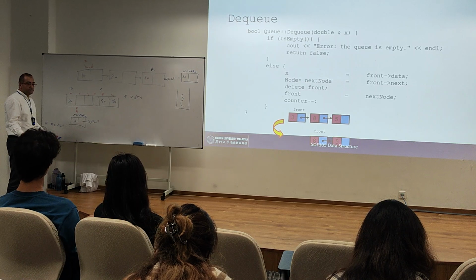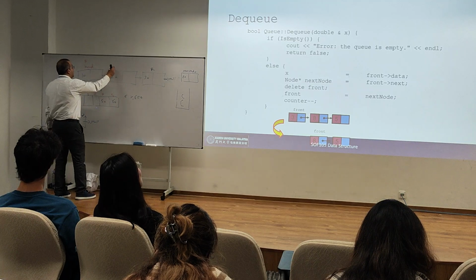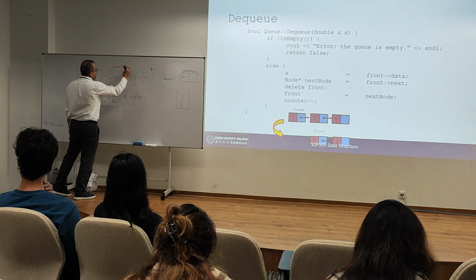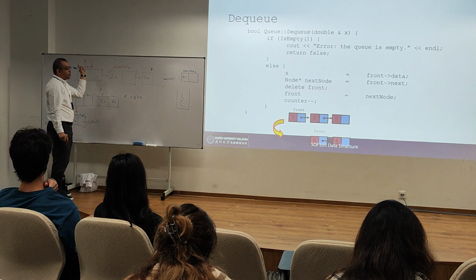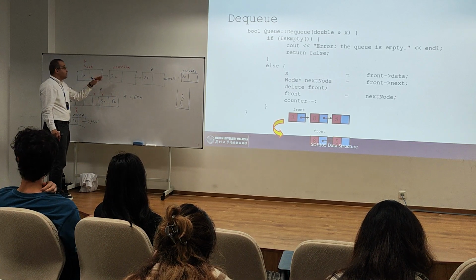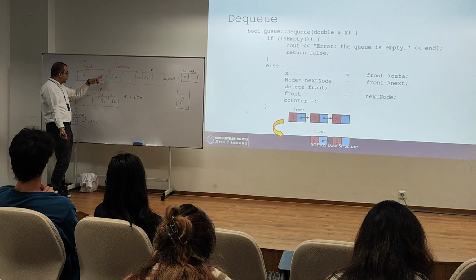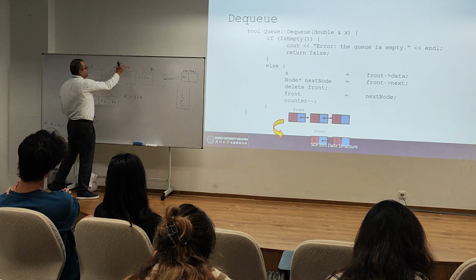Okay or not? Clear? I need to explain. So I have a next node, right? This is the next node. So what do I do? Next node equals front next. Then what do I do to front? I need to delete it, so we remove node 10. Then I write front equals the next node.